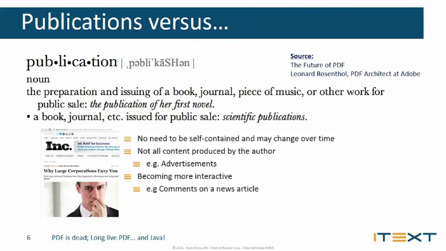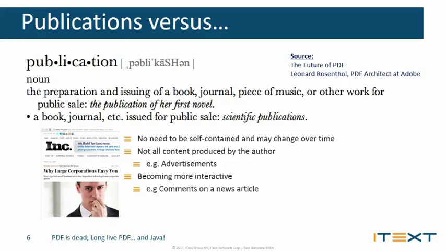Now, why this difference? What is different on governmental sites and educational sites from .com sites? Well, on .com sites and the internet in general, you have a lot of publications. Publications don't need to be self-contained. They may change over time. For instance, on a news site, you have a scoop with a headline, and then as the story evolves, the page changes.